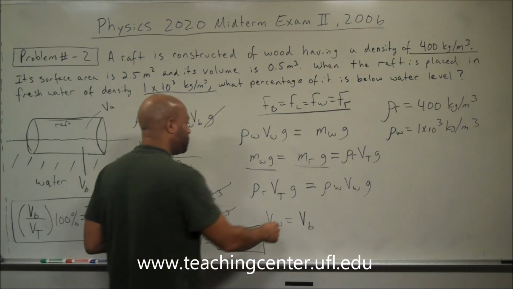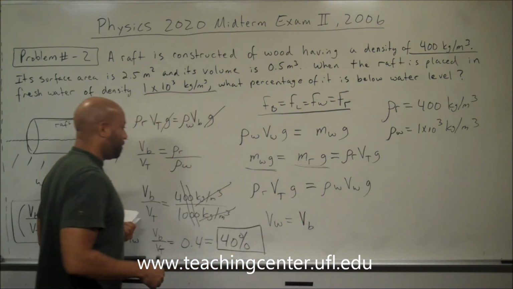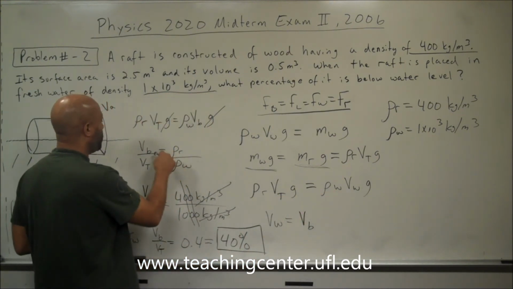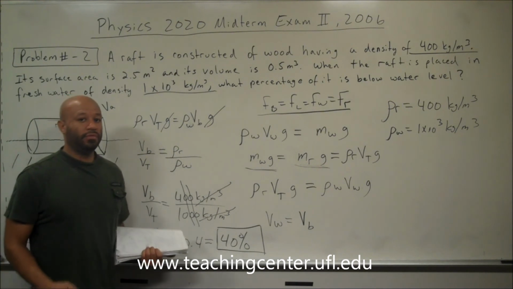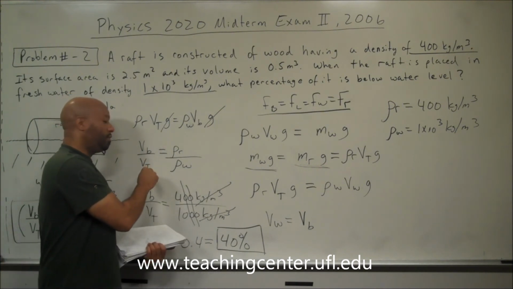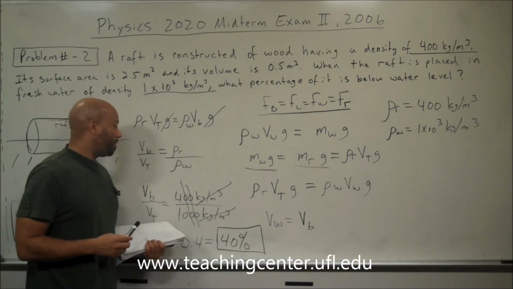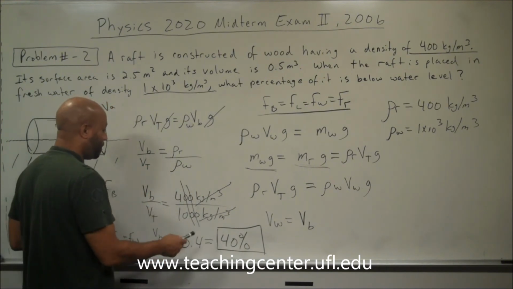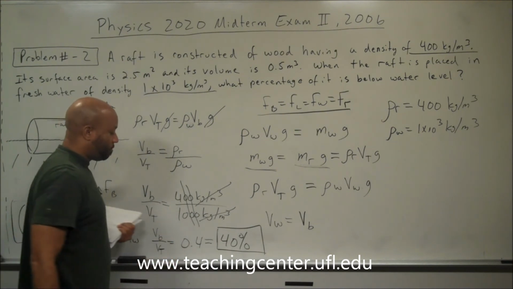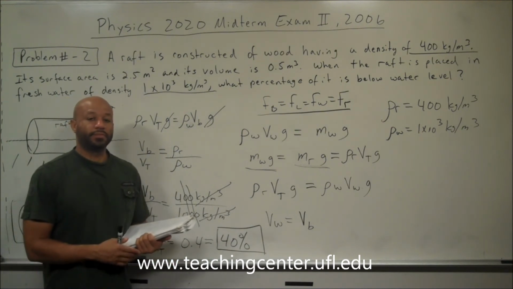We were able to substitute into this particular equation, which allowed us to get an expression for the volume of the raft that's actually under water, divided by the total volume of the raft. And when we did that, it worked out to be 0.4 or 40%.